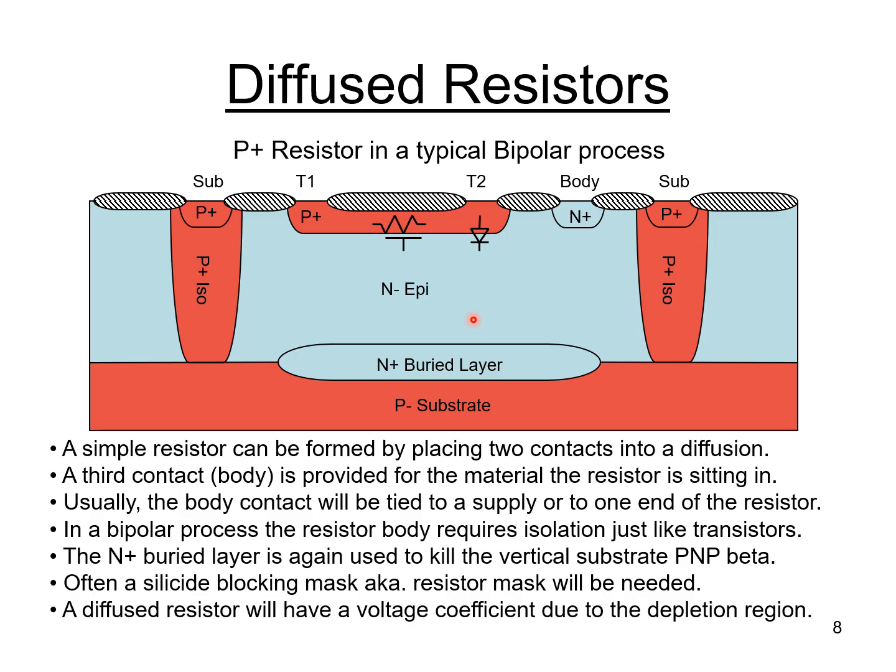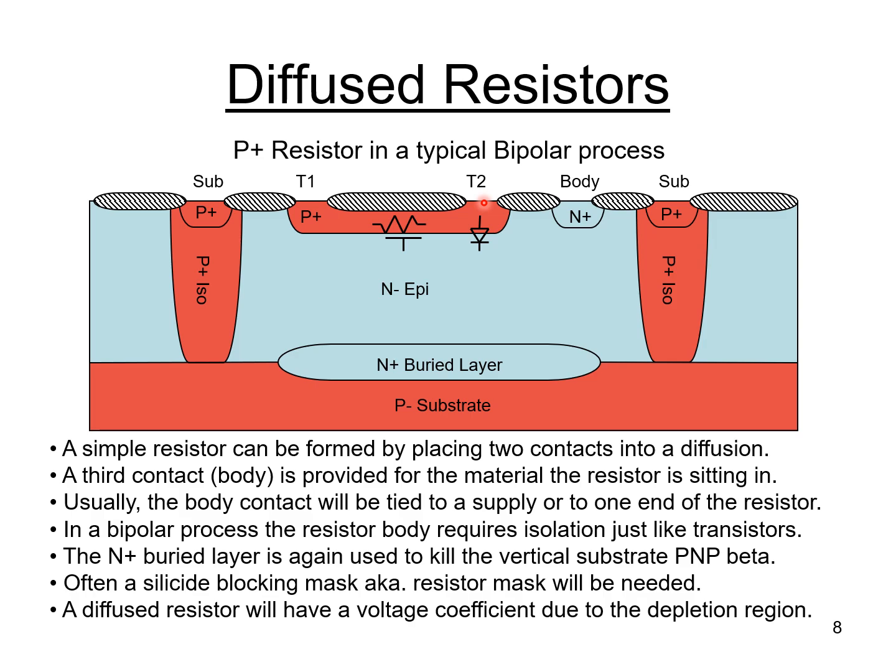Now often you'll use a silicide blocking mask with a resistor, and a lot of times diffusions will get what's called a silicide layer on top of them. The silicide layer is a conducting metallic silicon compound that is formed on top of the resistor, and it can severely lower the resistivity of the region.